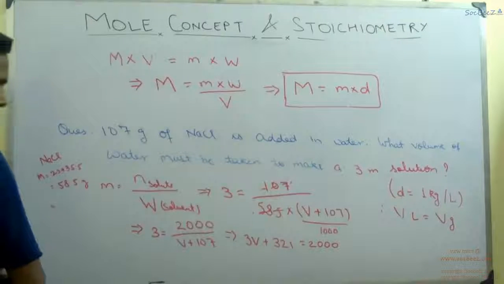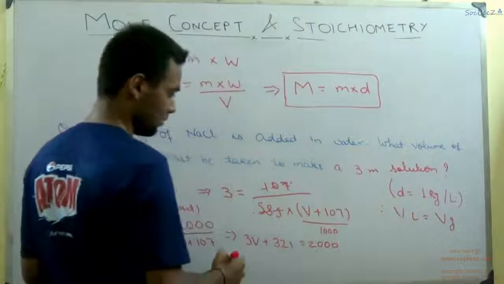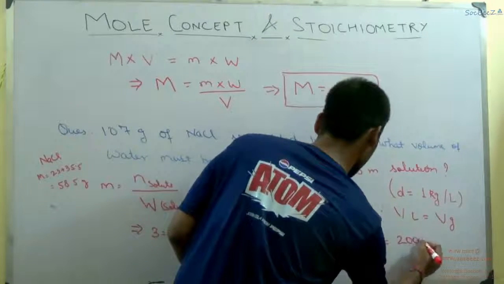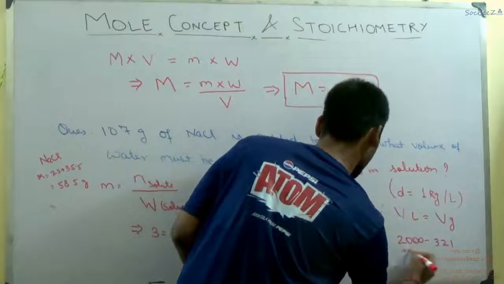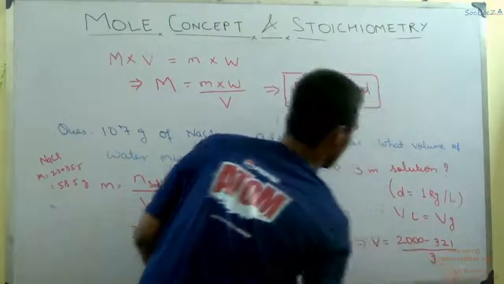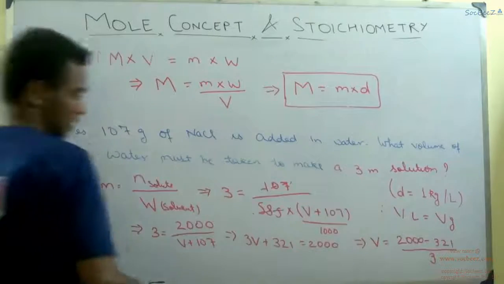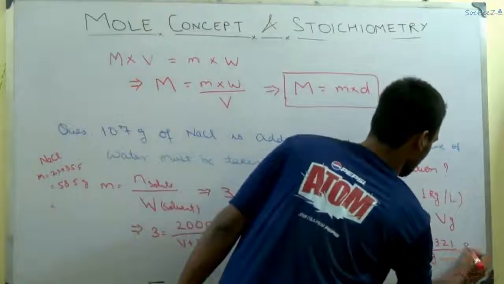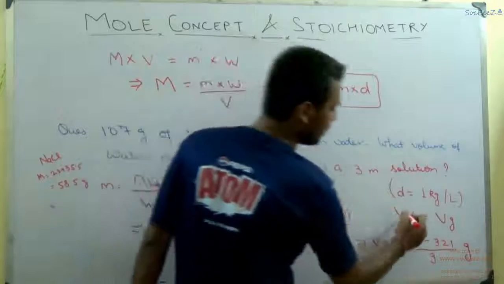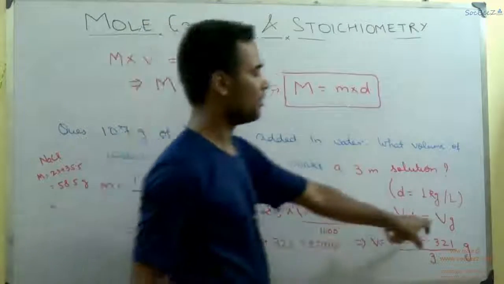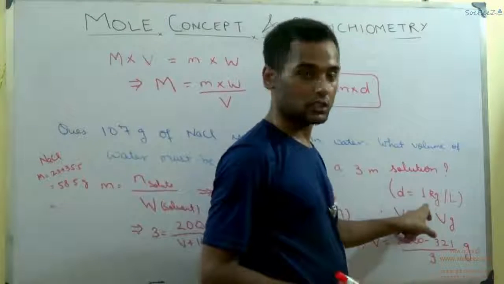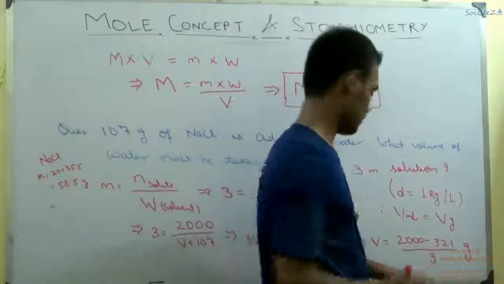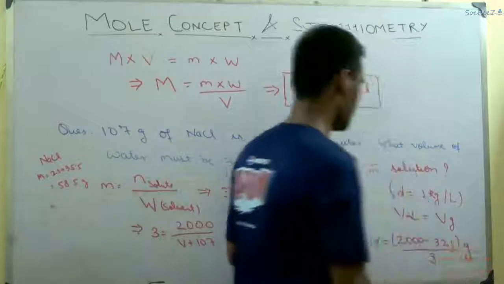So now let's simplify it. If we simplify it, we will get volume equals 2000 minus 321 divided by 3 grams. So here V milliliter will give V gram of water, because the density is 1 kilogram per liter. So the volume is 2000 minus 321 divided by 3. Okay.